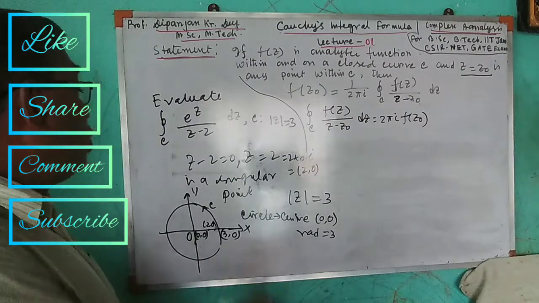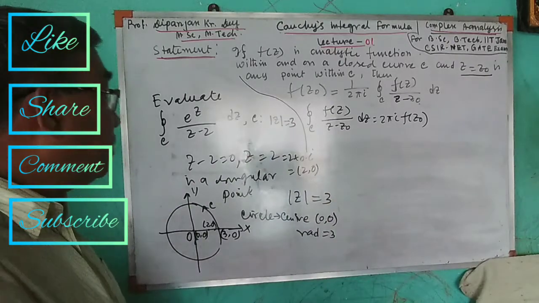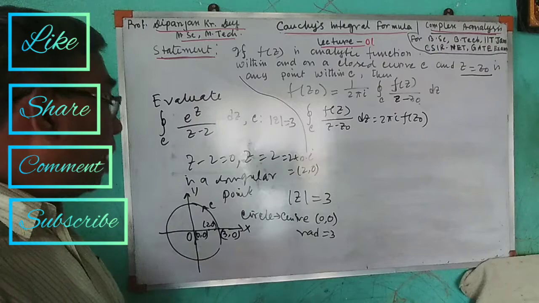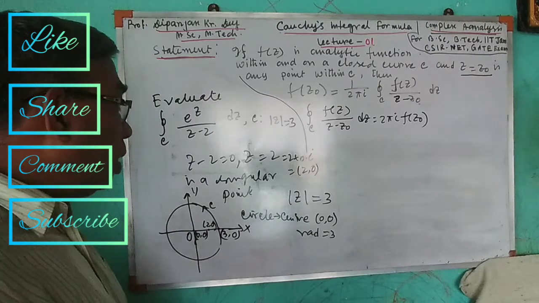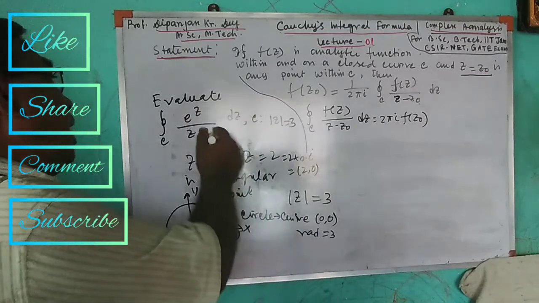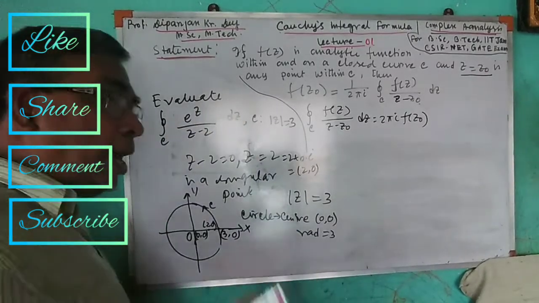If (2, 0) were outside the circle, suppose the singular point is (5, 0), so it is outside the circle, then directly this value will be 0. I will tell you.